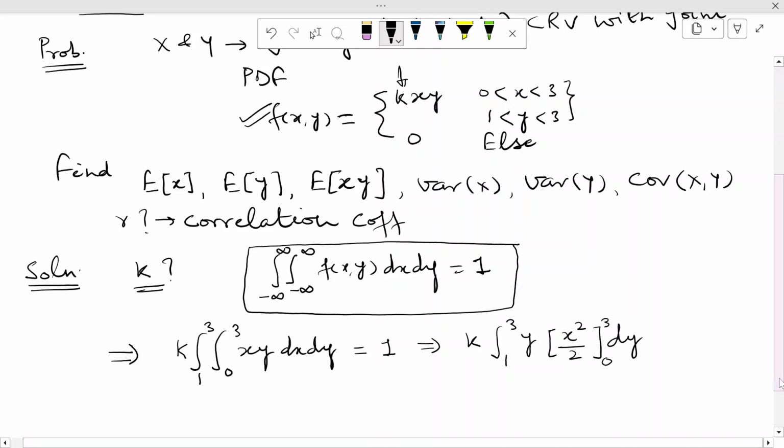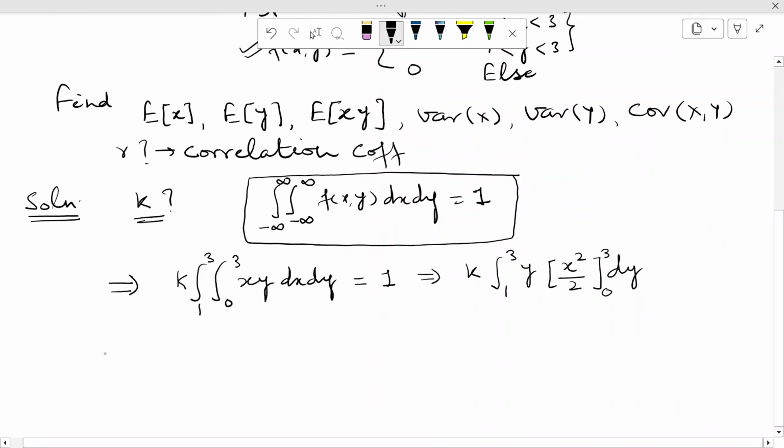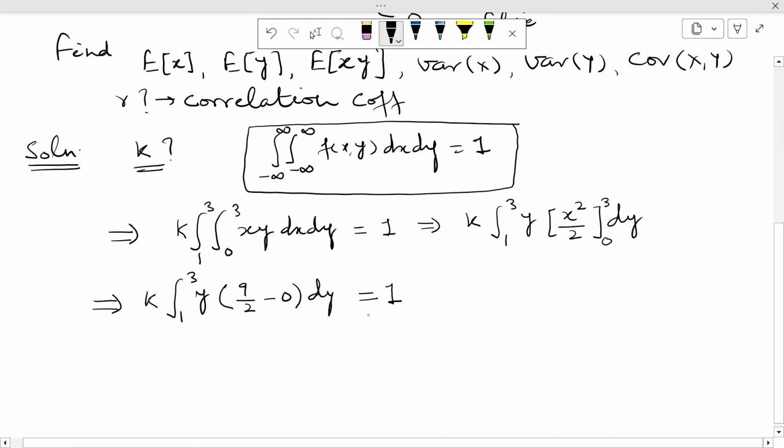When you evaluate these limits, this will be k times the integral from 1 to 3 of y, and putting in the limits, this is 9 by 2 minus 0, and we have to integrate with respect to y. 9 by 2 minus 0 is 9 by 2, which is a constant, and of course the value of this integral is equal to 1.